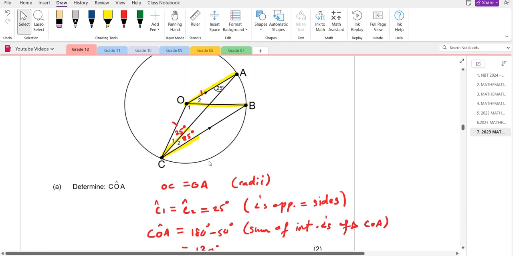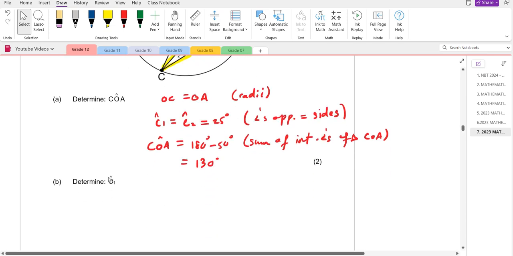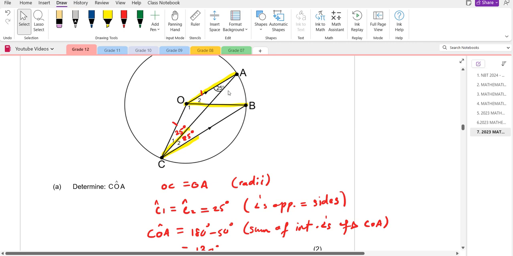Next question, we want to find the size of angle O1. Remember we can find O2 and then take 130 minus O2. What's angle O2? That is 50, because angle at center equals twice angle at circumference using chord AB.